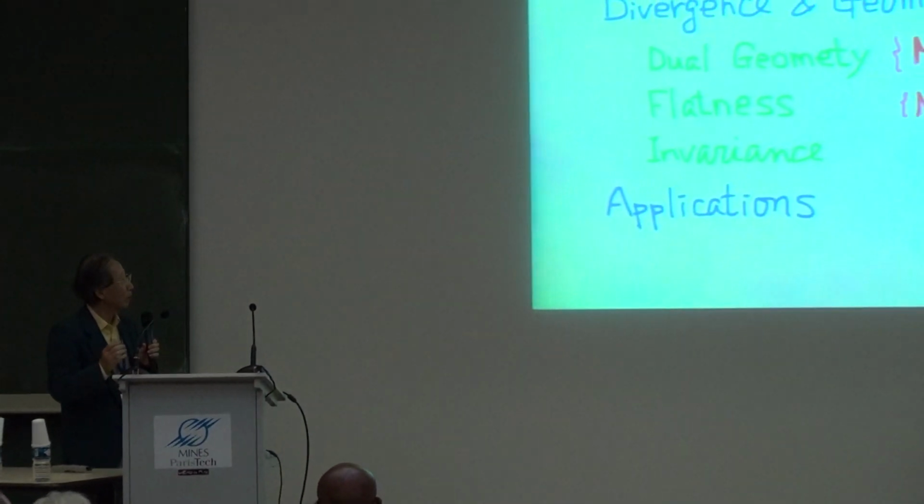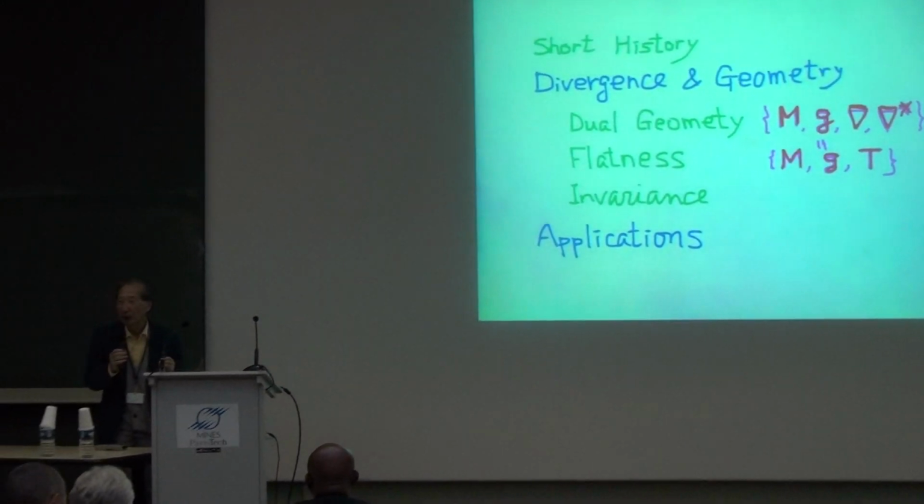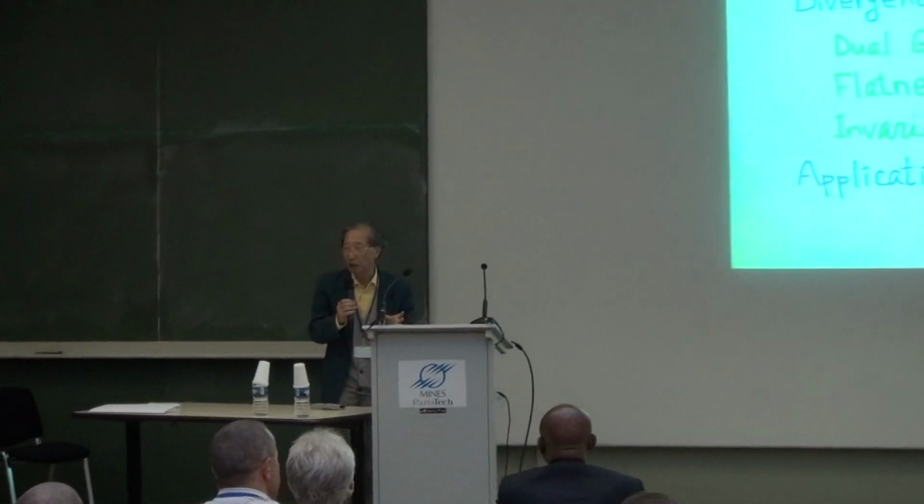So, my talk, I'm thinking about, I begin with a short history of information geometry from my point of view. And also, the focus is dual geometry, Riemannian geometry with dual connection. In particular, the dually flat manifold is very important to study.